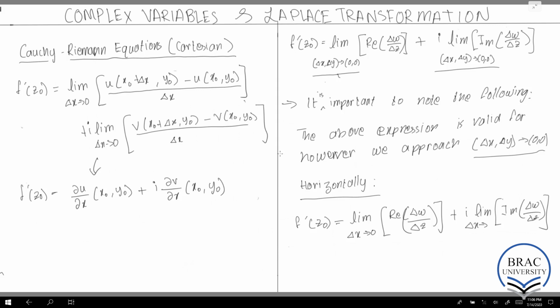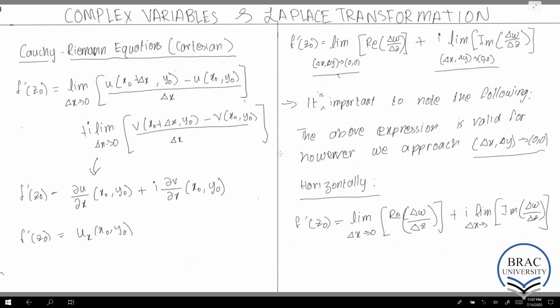Okay, I'm going to write the partial derivative in another format, where I simply denote the first partial derivative of u as u subscript x at x naught, y naught. Whenever you see a u subscript x, for complex analysis you should always attribute this to being the first derivative of the function u with respect to whatever the subscript is.